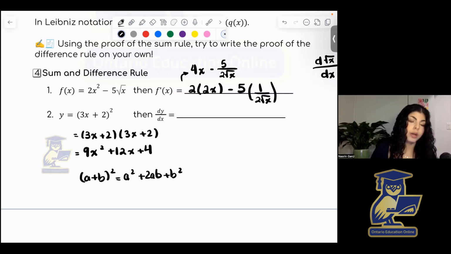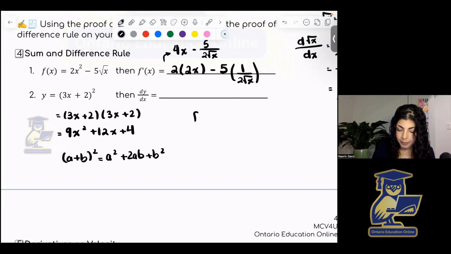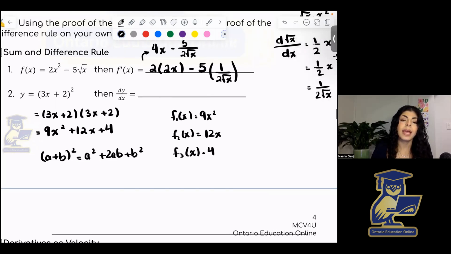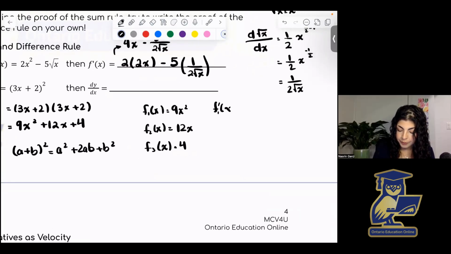Now here I have 3 terms, and think of this as f1 of x is 9x squared, f2 of x is 12x, and f3 of x is 4. And I'm applying the sum rule here. And let's just find the derivative of each of these. So 9x squared, I keep my 9 there.